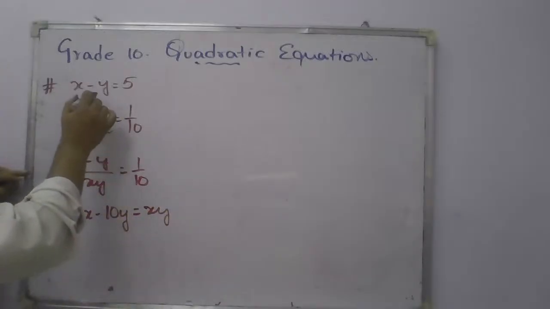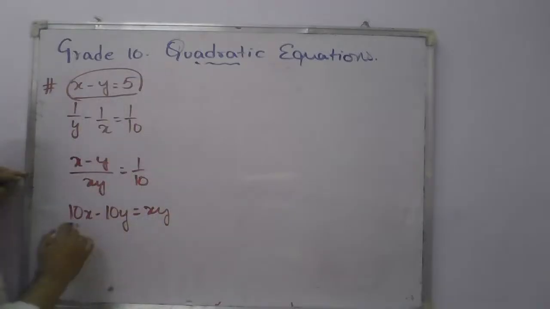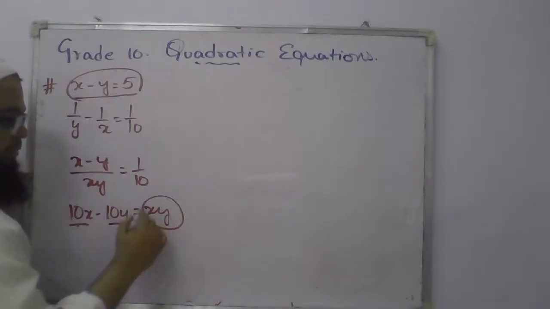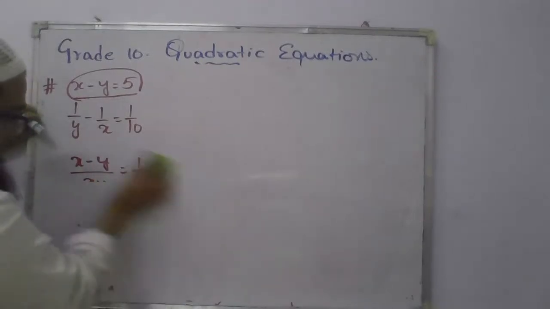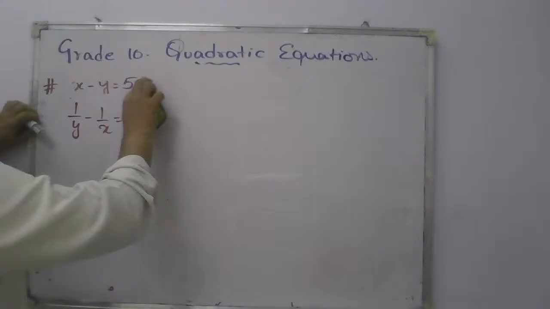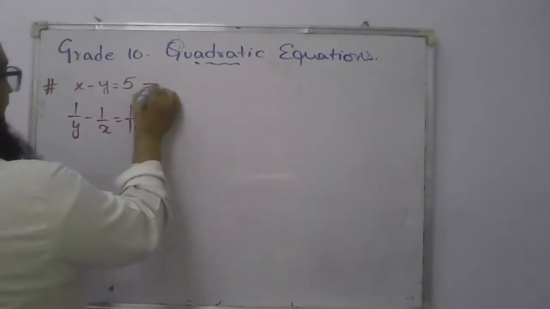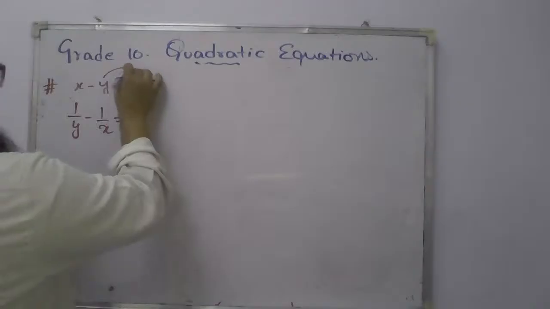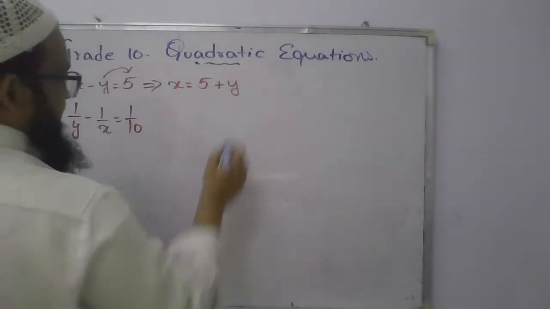You have x minus y is equal to 5 as one equation, and the second equation has x, y, and also xy, a third variable. So what am I supposed to do? I cannot take it, right? As we have done in the previous problem, from the first equation, transpose y and take the value of x. X is equal to 5 plus y.